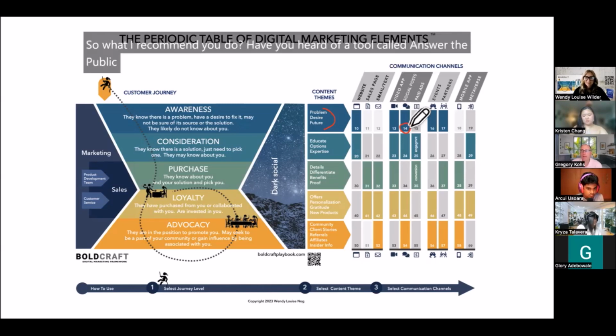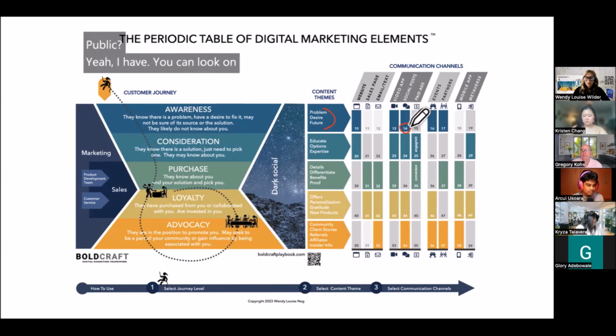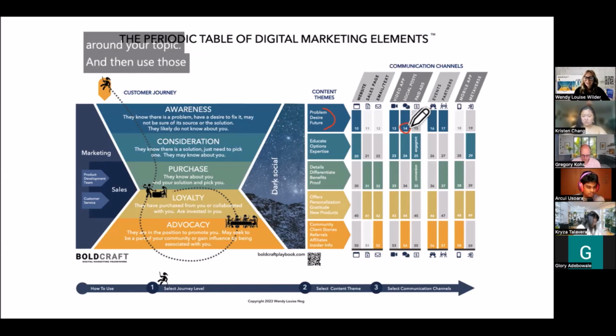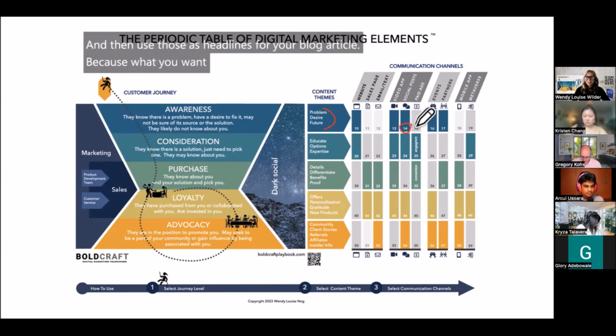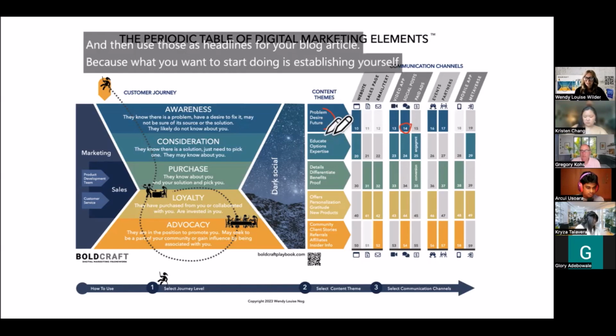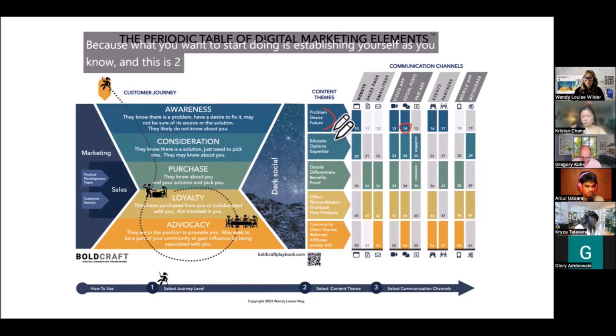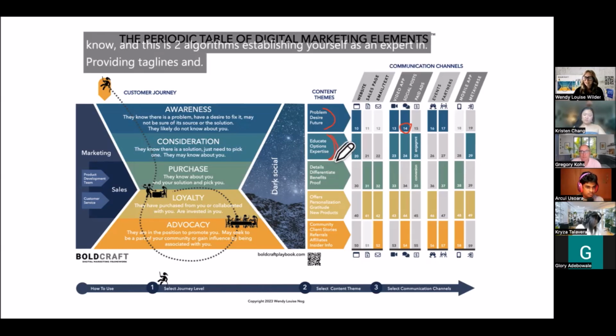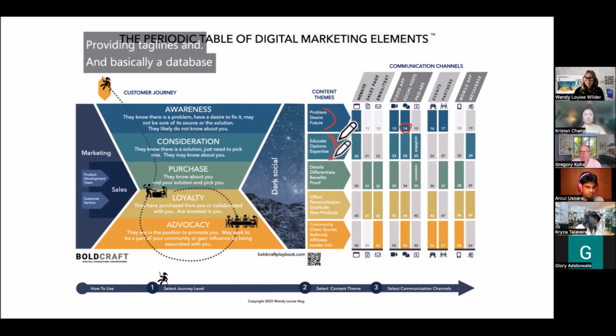Oh yeah, I have. You can look on there to find out what searches people are doing around your topic. And then use those as headlines for your blog articles. Because what you want to start doing is establishing yourself, and this is for the algorithms, as an expert in providing taglines and basically a database of logos and taglines.